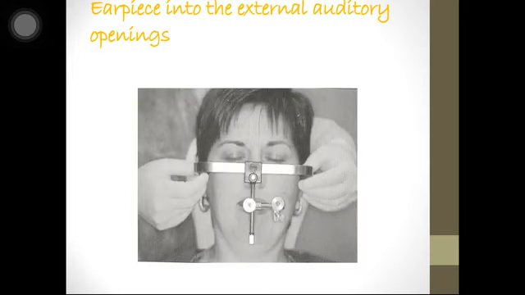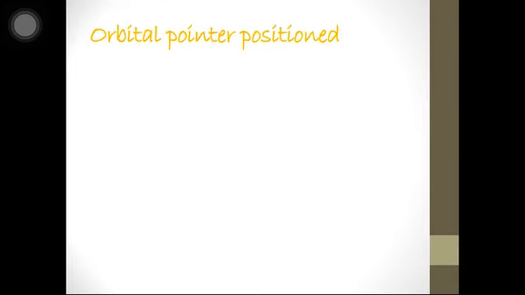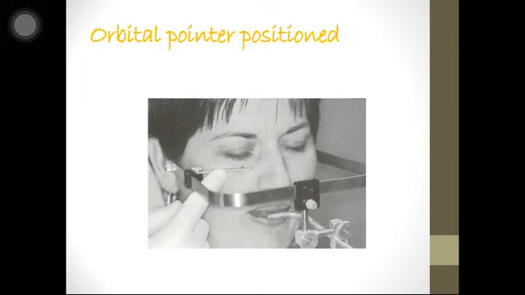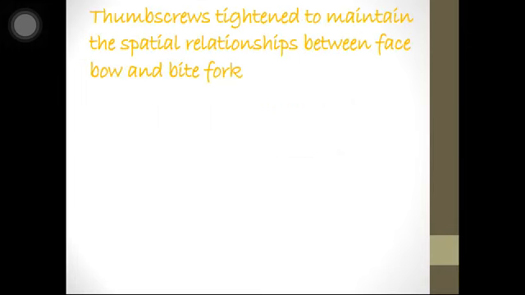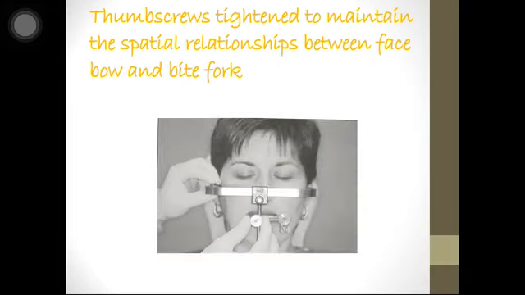This is the U-shaped frame. This will basically provide the posterior reference points. The orbital pointer is then located, and the calipers' thumb screws are tightened to maintain the spatial relationships between face bow and bite fork.